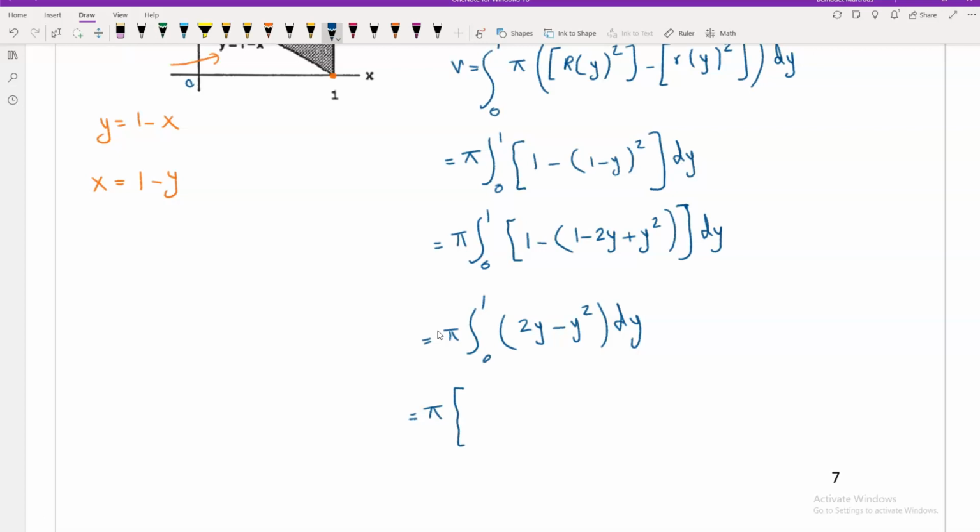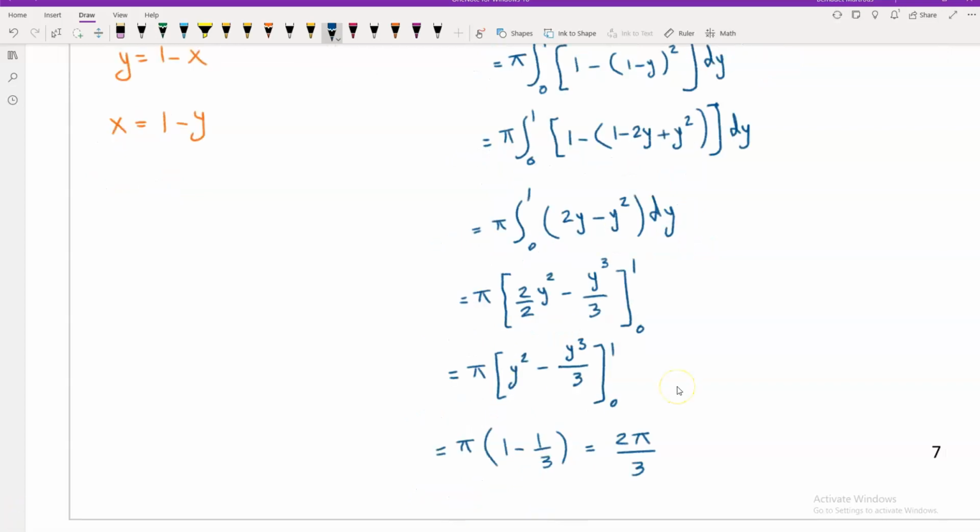So I'm going to write all steps here. We have 2y squared divided by 2 minus y cubed divided by 3, from 0 to 1. So that is equal to pi times y squared minus y cubed divided by 3, from 0 to 1. Now we have to use 1 for y and 0 for y.